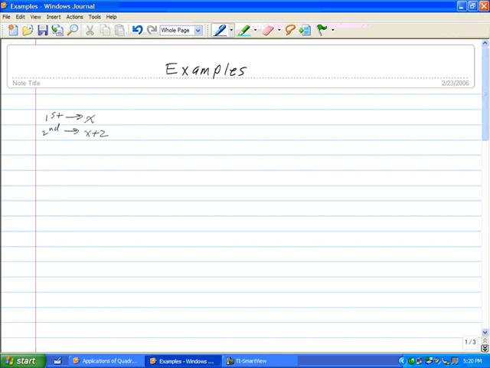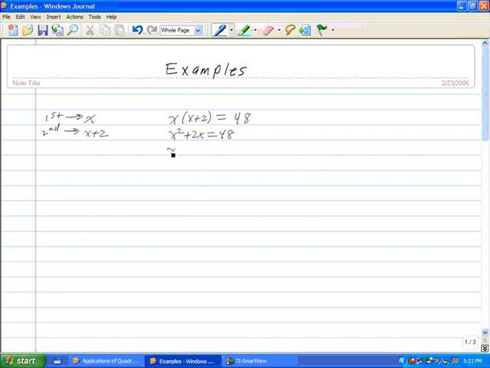Now we are told that their product, which means we need to multiply them, their product is 48. So again, we set up a multiplication problem. We multiply it out. Oops, not plus, but equals 48.